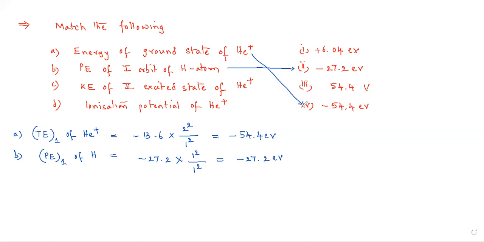Okay. Then coming to the third one, kinetic energy of the second excited state. Second excited state is nothing but third orbit. Ground is nothing but first. When I say first excited state, it is a second orbit. And when you go for second excited state, it is third orbit.